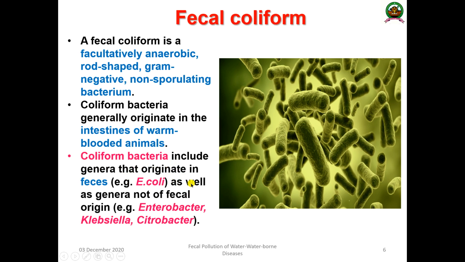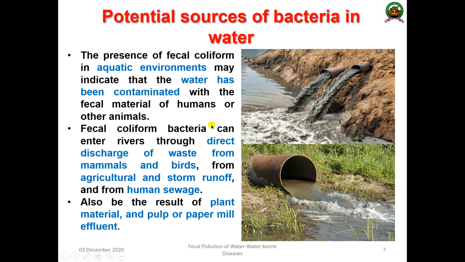But there are some other bacteria that are not of fecal origin, such as Enterobacter, Klebsiella, and Citrobacter. These are other examples of coliform bacteria. The common group is E. coli.